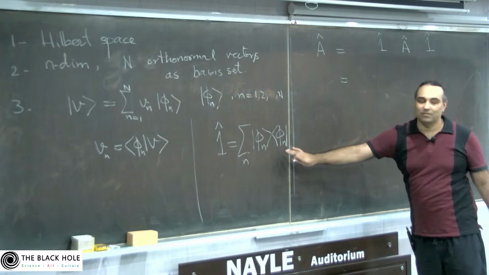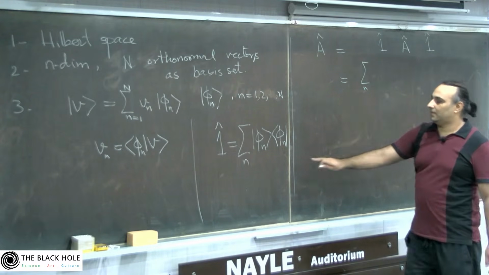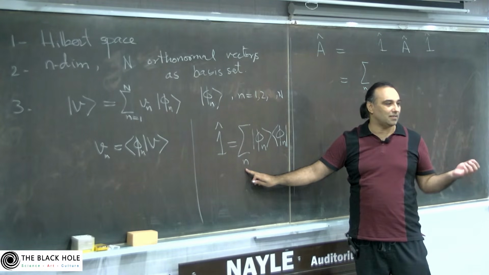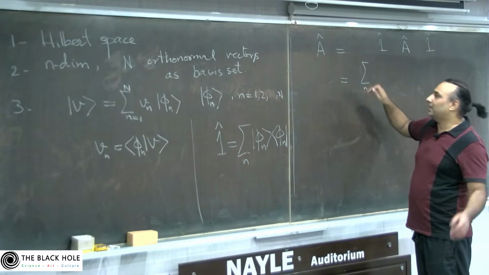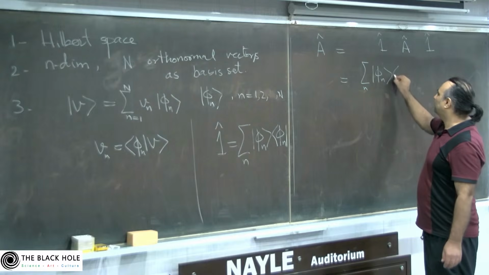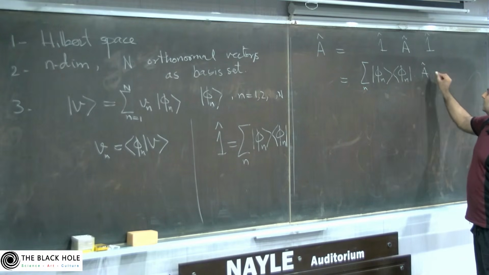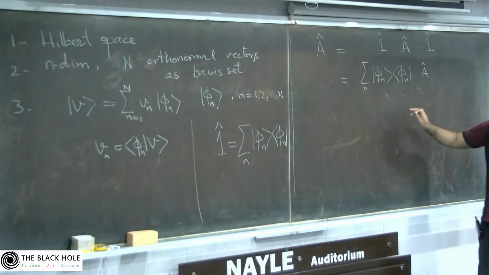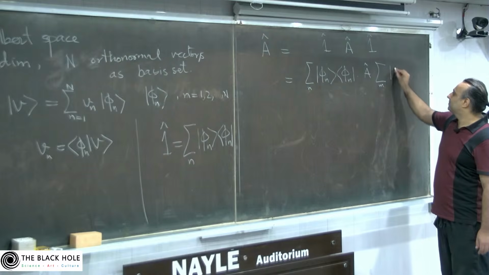And now on this side, let's call this index n, and it runs from 1 to capital N. Just like that. And on this side, let's use another label for this dummy index, and let's call that M.